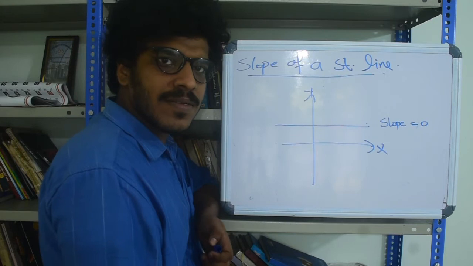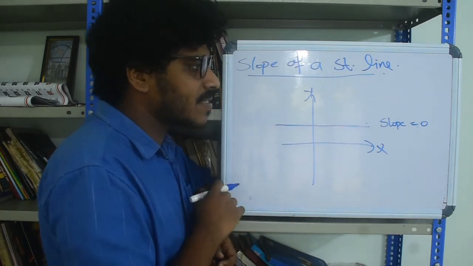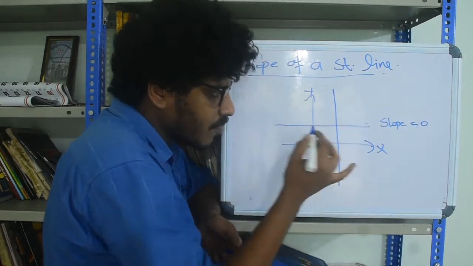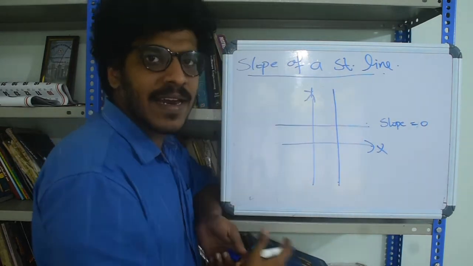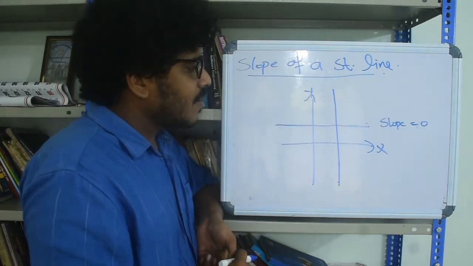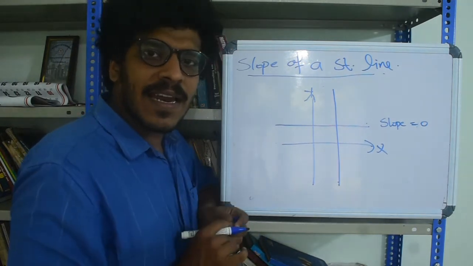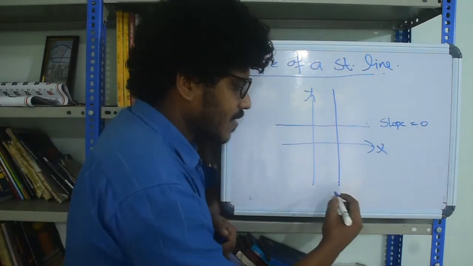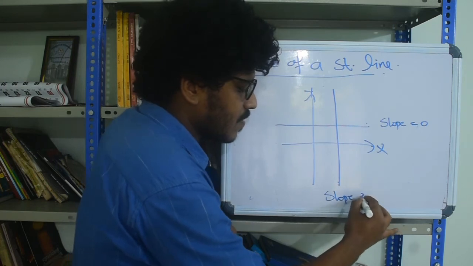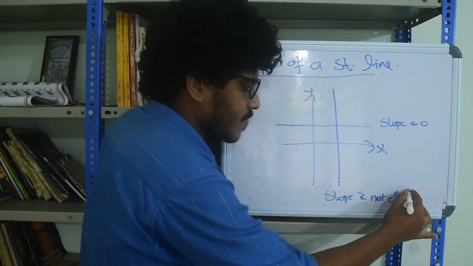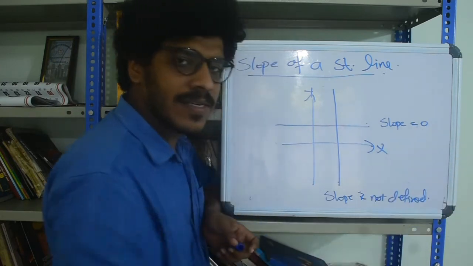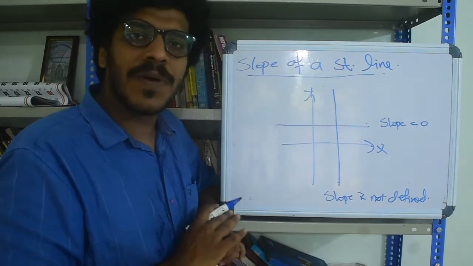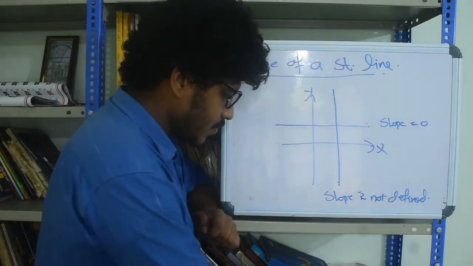Right. And what about the slope of a line parallel to the y-axis, a vertical line? For a vertical line, the slope is not defined. So you can just write: slope is not defined. Right. So for a horizontal line, the slope is always 0, and for a vertical line, the slope is not defined.